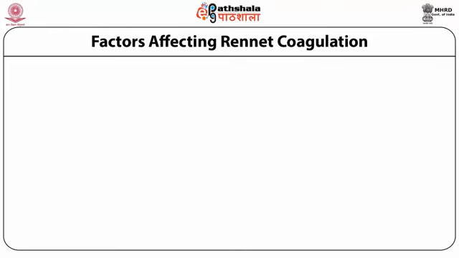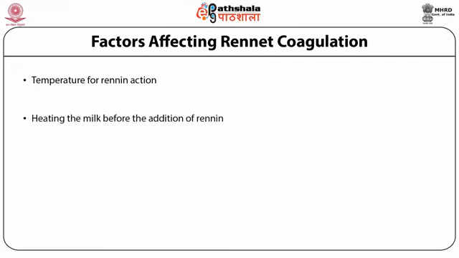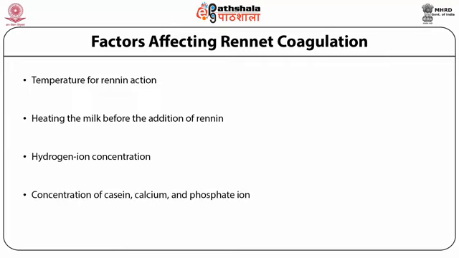Chief of them are temperature for rennin action, heating the milk before the addition of rennin, hydrogen ion concentration of the milk, concentration of casein, calcium and phosphate ion in the milk, and other factors.